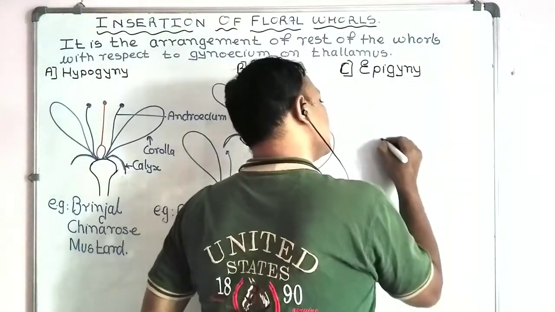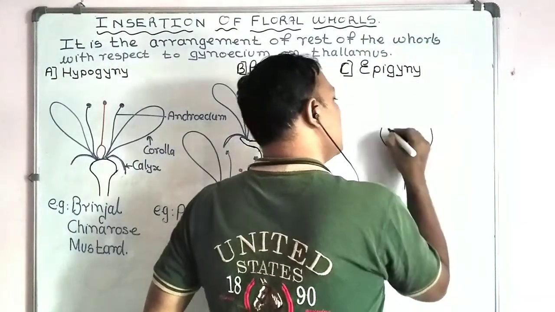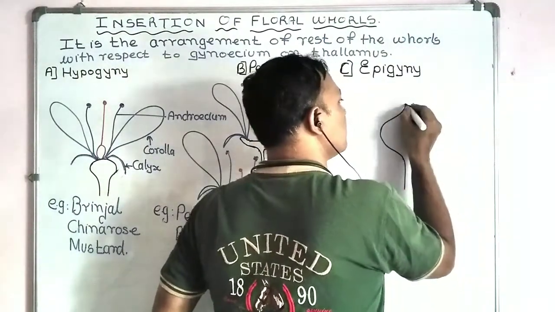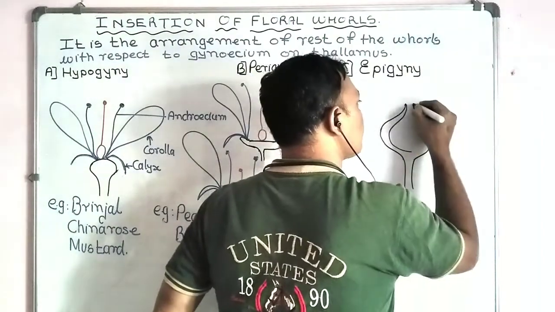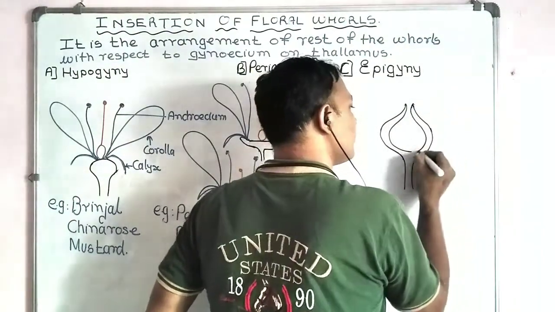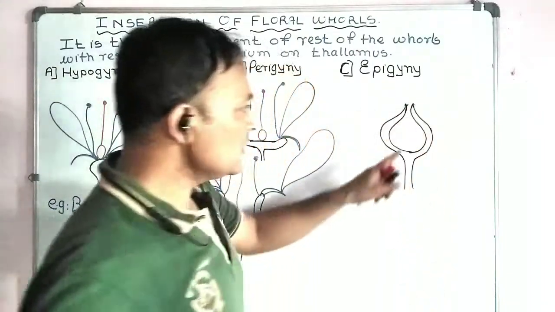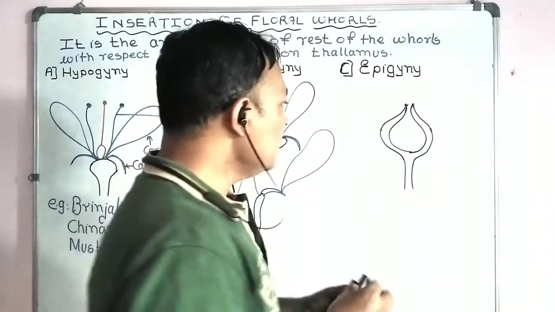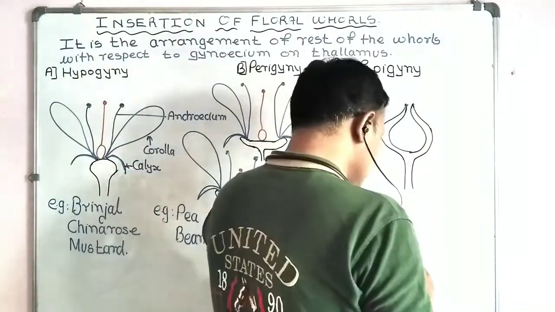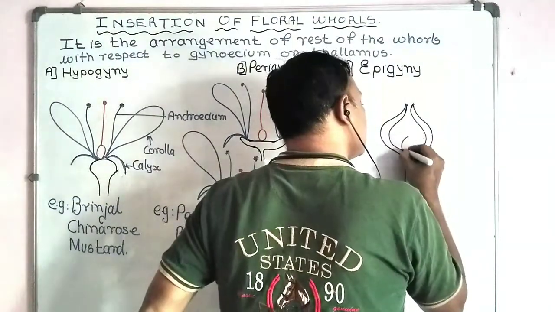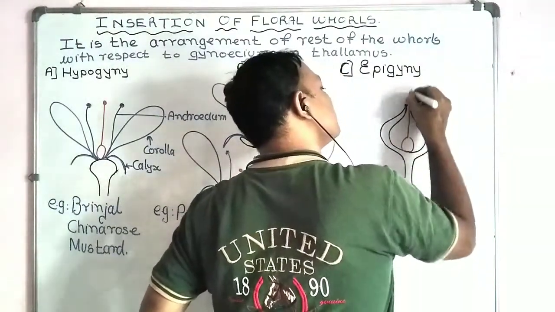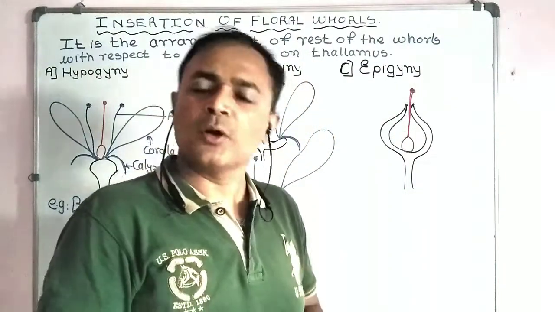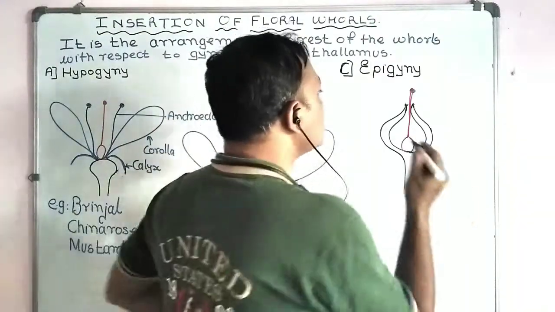See, this is the thalamus, and the walls of the thalamus unite with each other. Now you can see the thalamus is hollow from inside. Ovary is enclosed inside the thalamus. Right?